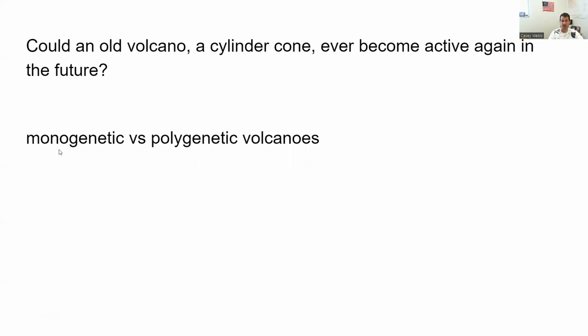Some volcanoes are monogenetic, meaning they result and occur during a single eruption, whereas other volcanoes are polygenetic, meaning that they can produce multiple eruptions. And cinder cones themselves are considered monogenetic. So it's a one-time thing. It erupts once and then it's done.